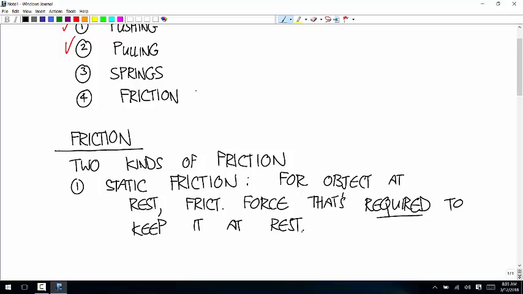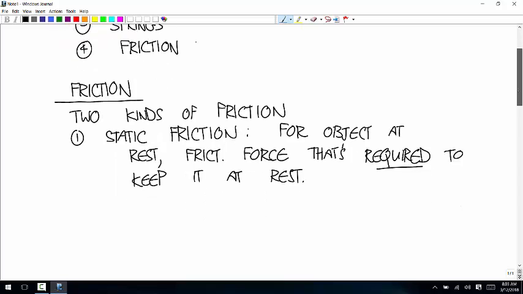Okay, and you can imagine if this was frictionless, if I applied this small force to like an air hockey puck on an air hockey table, it would accelerate. The only reason it's not is because there's like a rubber surface between this and the table that can apply an equal and opposite force back and make it not accelerate. That's static friction. It keeps it at rest.